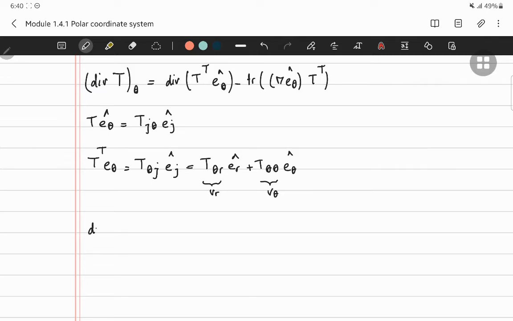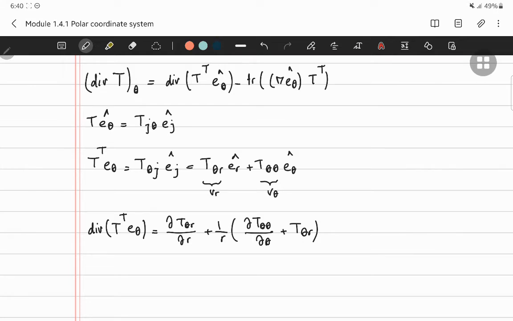And the divergence of T transpose e_θ is basically the partial differential of V_r, so this is T_θr with respect to r, plus 1 divided by r partial differential of V_θ, which is T_θθ by θ, plus V_r, which is T_θr.